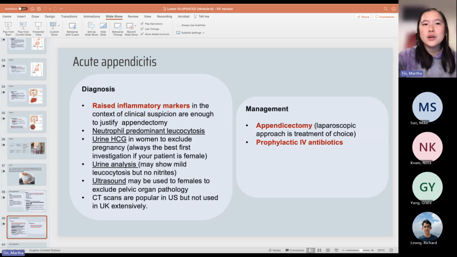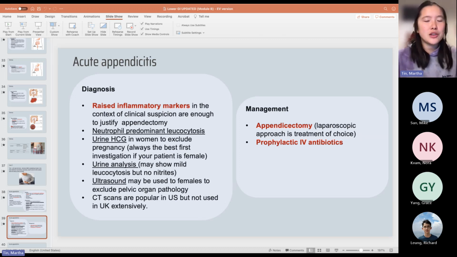Cool. So diagnosing acute appendicitis. First of all, someone comes in, they're quite young and they've got lower abdominal pain. If they're a woman, it's not the nicest thing to say, but one of the doctors told us this: if a woman of childbearing age comes with abdo pain, the first thing in your head should be, are they pregnant?